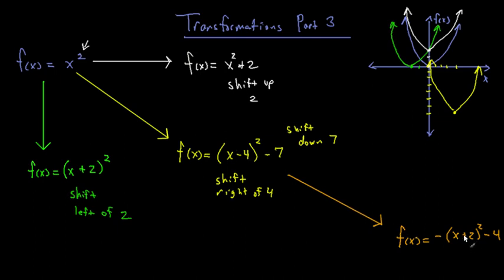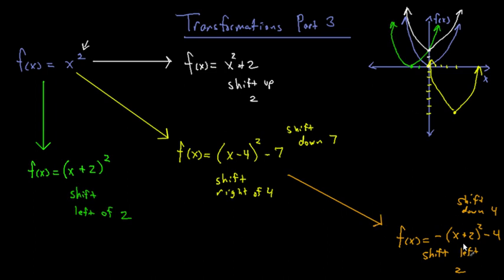This positive 2 has the same effect as the earlier positive 2, so it's going to shift this vertex, or origin, left 2. And this negative 4 has the same effect the negative 7 did, and shifts down by 4.